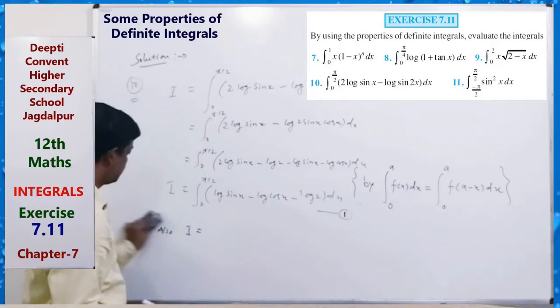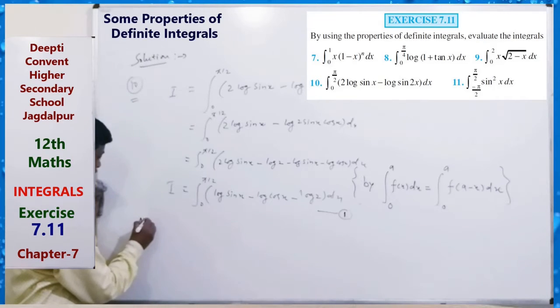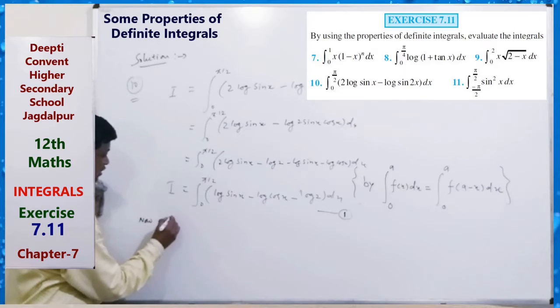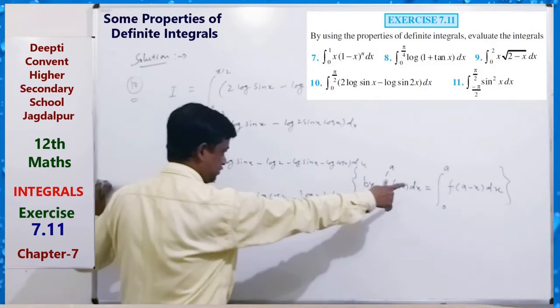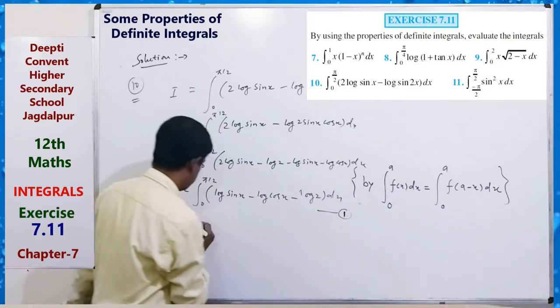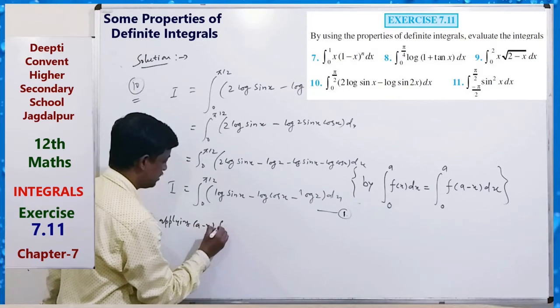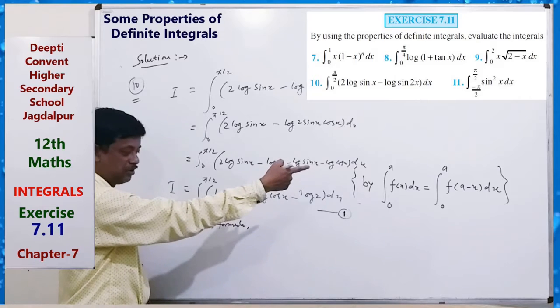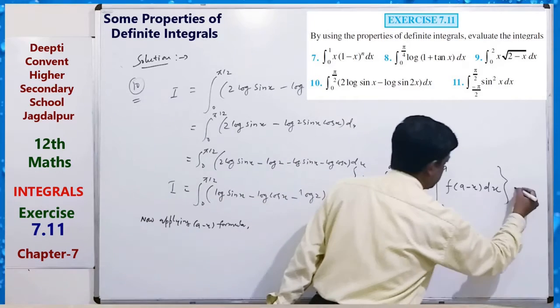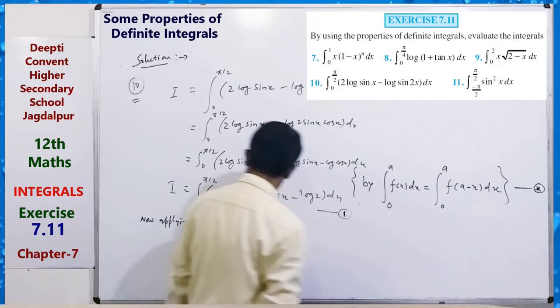Now applying this formula, the a minus x formula, we can write this as star.